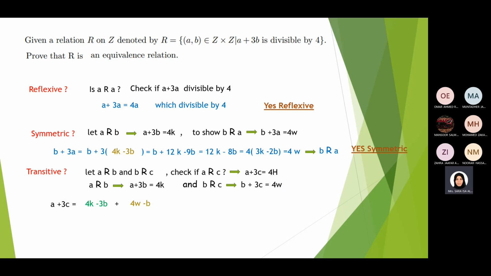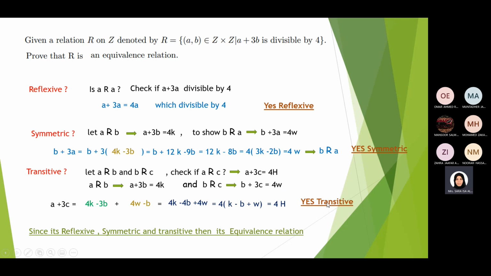It will be 4k plus 4w minus 4B. I will take 4 as a common factor, so it will be 4 times (k minus B plus w). This will be an integer value, so it is 4h. So it is transitive. Now it is reflexive, symmetric, and transitive. Then it is an equivalence relation.